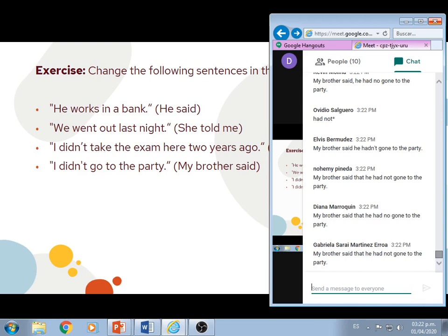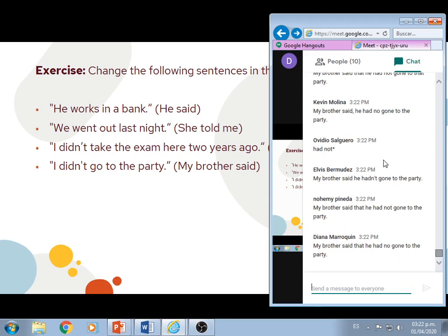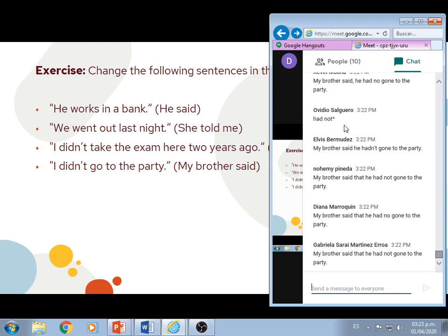So yes. Then, in the case of Kevin, my brother said, and then Kevin, you shouldn't use commas in the case of reported speech. My brother said he had not gone to the party. Yeah, Ovidio, thank you for the correction.